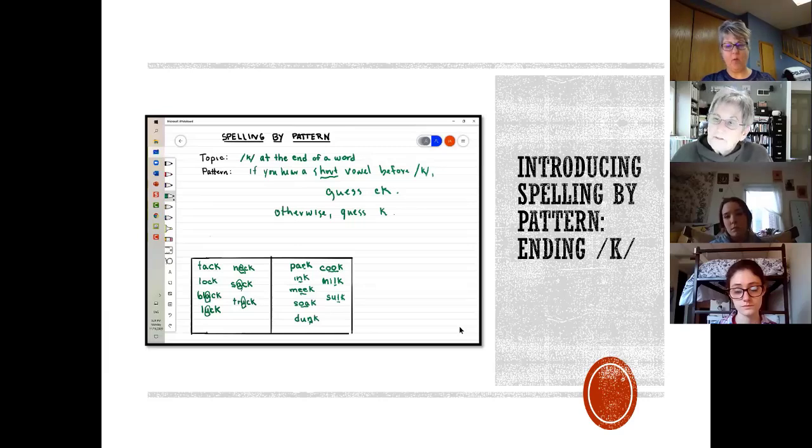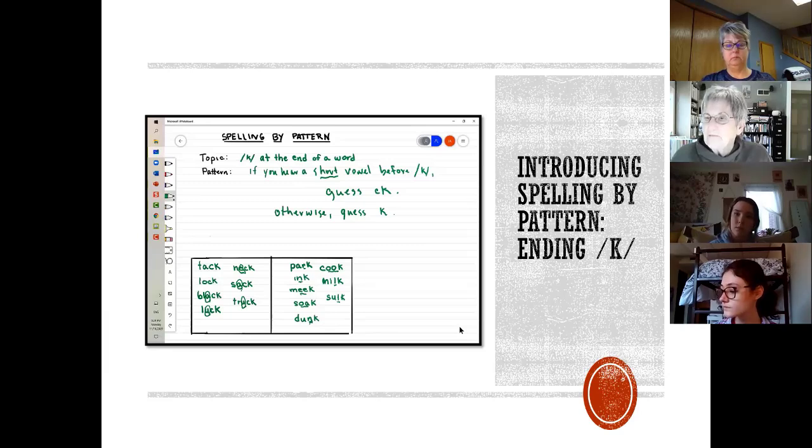Okay, so what you see here is one of the ways you could present this online. You know, create a word bank for the ending K, which by the way is going to be the second pattern you teach. Beginning K will be the first one, okay? And then when you have written out what the pattern is, you could have your student copy this in a notebook.